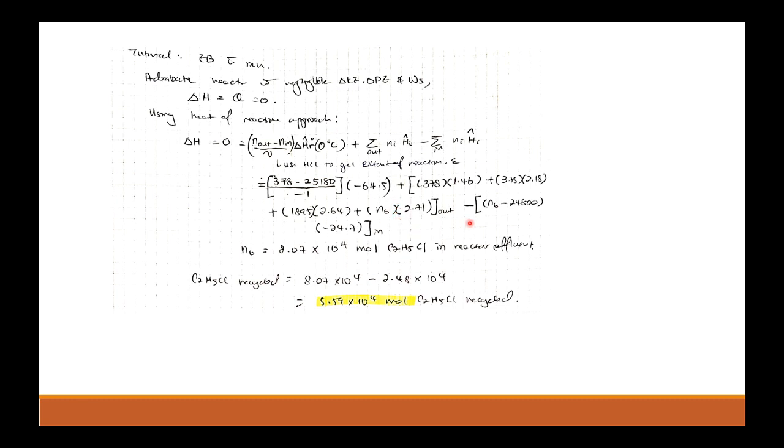Okay, and then you have your inlet stream. Okay, so this leaves us with 8.07.